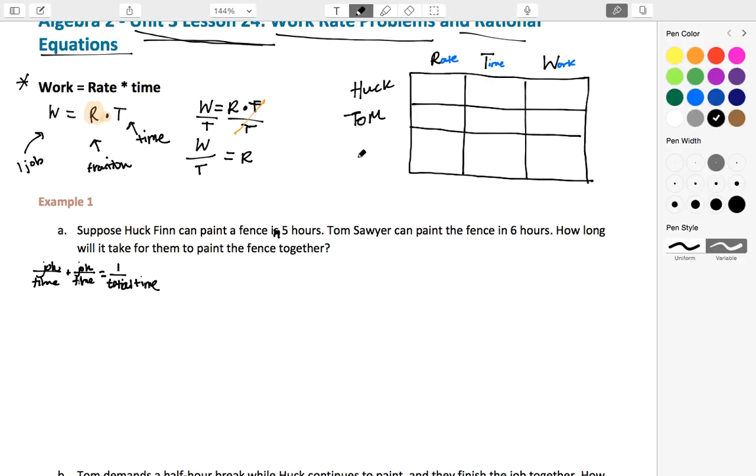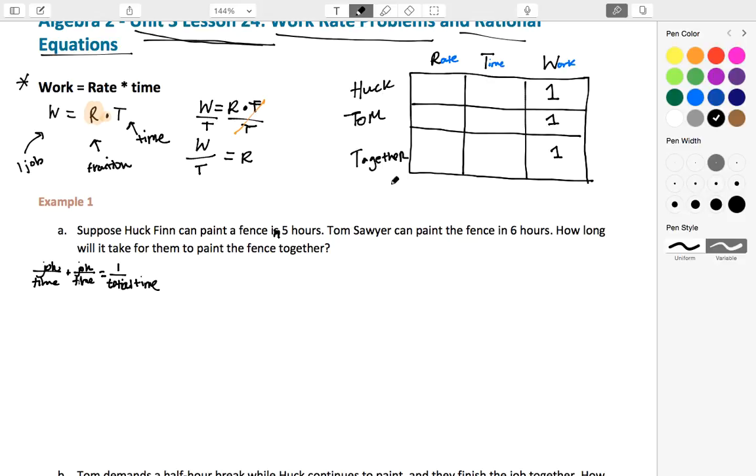And then we want to figure out what is the total time that they can complete painting a fence together, right? So they're essentially doing the same job, one job, painting the fence. So Huck is doing that one same job, and so is Tom. And we want to figure out what will be the total time that they will take to do that same one job, right?